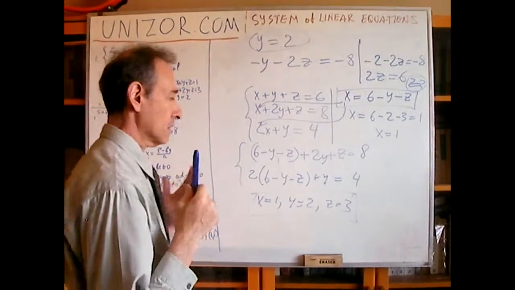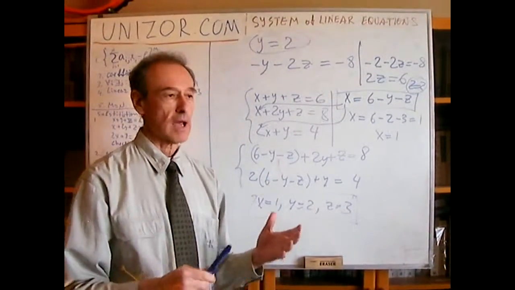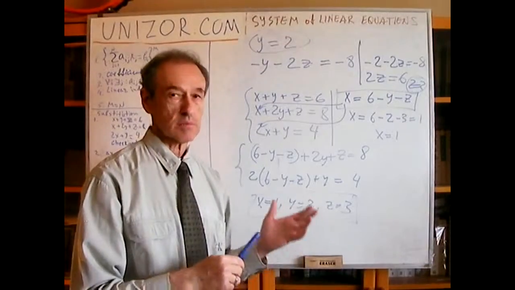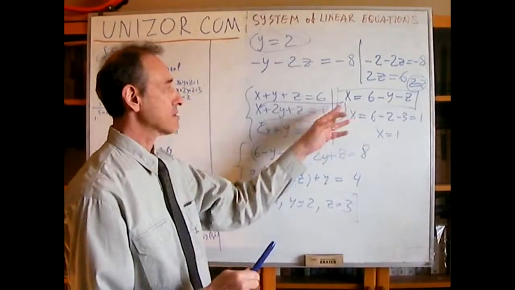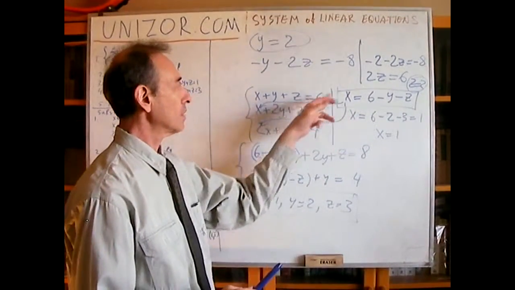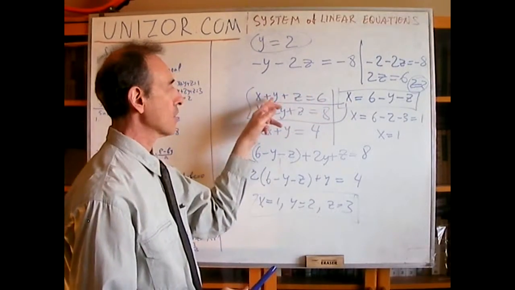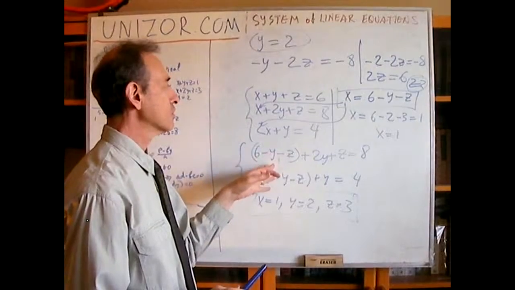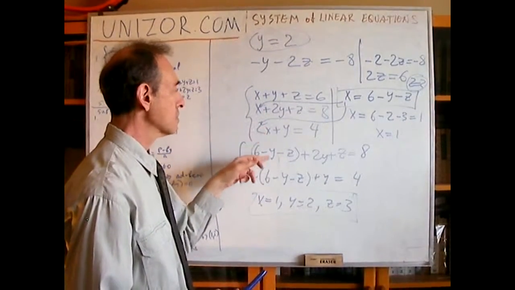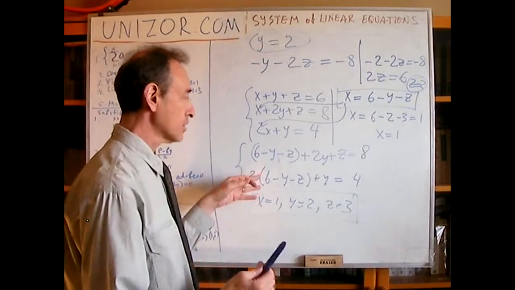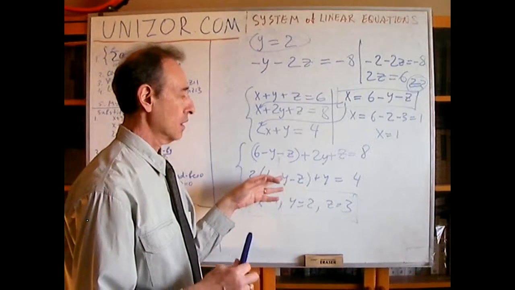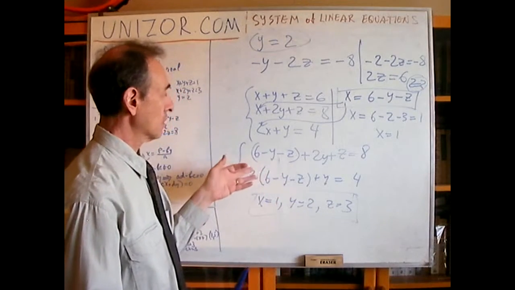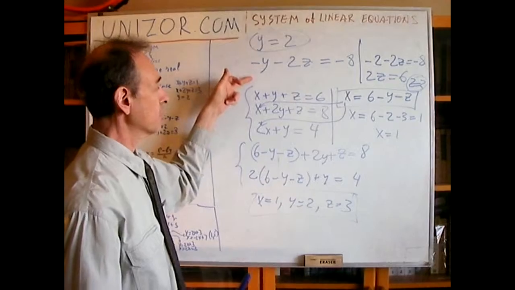So, let me summarize. What I did here, I have solved this particular system of equations using the method of substitution. I took one particular variable from the first equation, expressed it in terms of the other two, substituted into the other two equations, getting only two equations with two variables, which turned out to be a very simple one.